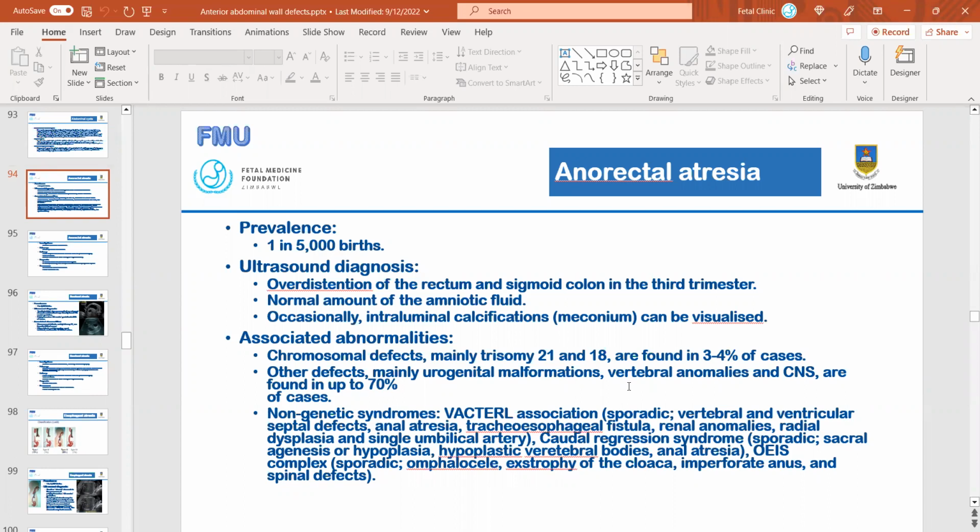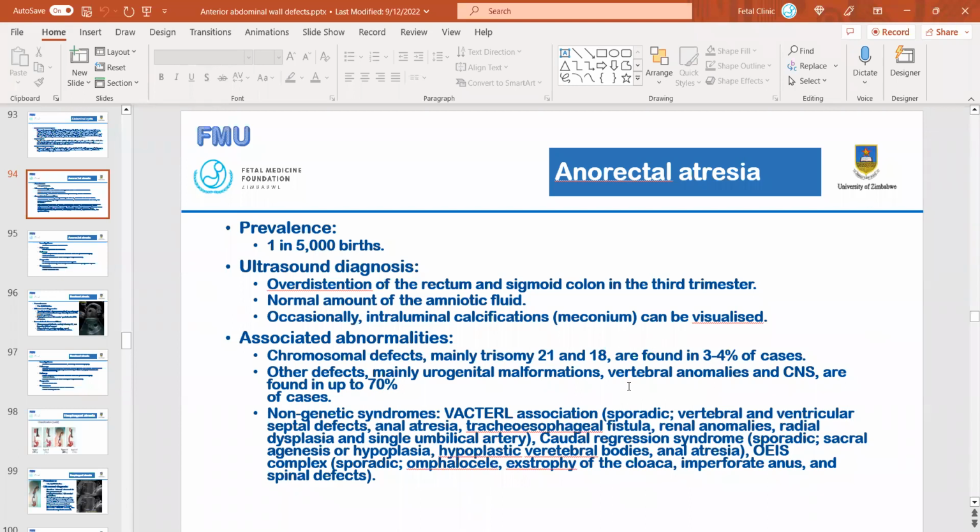Then the other defects are mainly urological malformations. Then we have vertebral anomalies and CNS defects, which may be found in about 70% of the cases. So the moment you suspect that you are having an over-distended sigmoid colon or rectum, checking all the organs is now imperative because of the association with other defects.